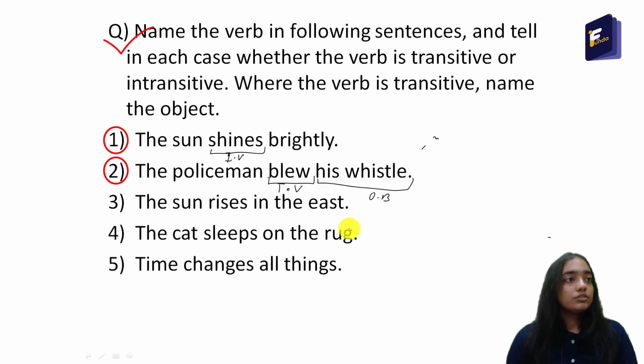In the third question, the sun rises in the east. If I ask the question, the sun rises what? Then "in the east" is not the answer. That is why the word rises is the verb and it is an intransitive verb.